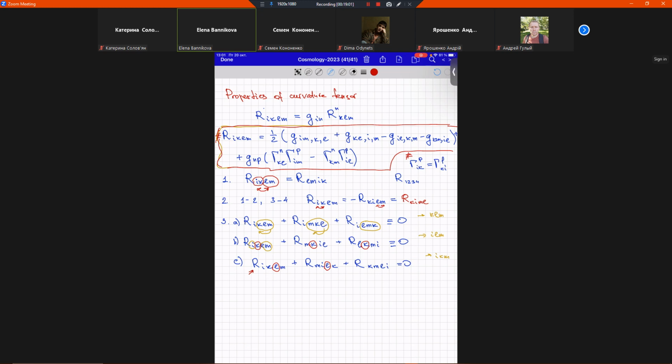You also need to put the indexes for the metric tensor and for the Christoffel symbols, but be very careful, because as soon as we are working here with such an expression, the order of the indexes is really very important.